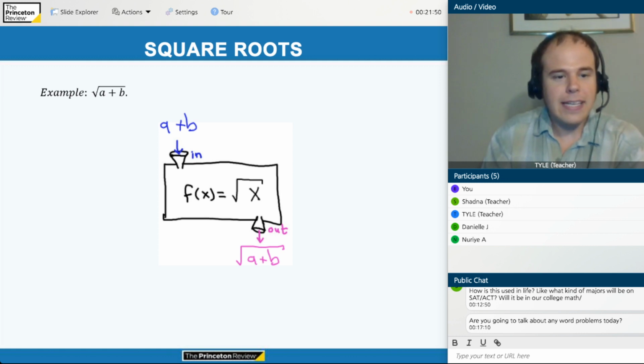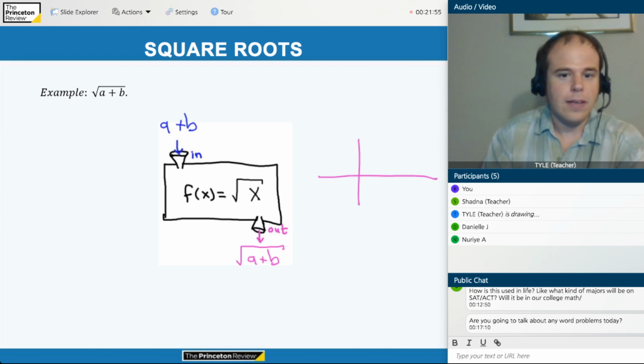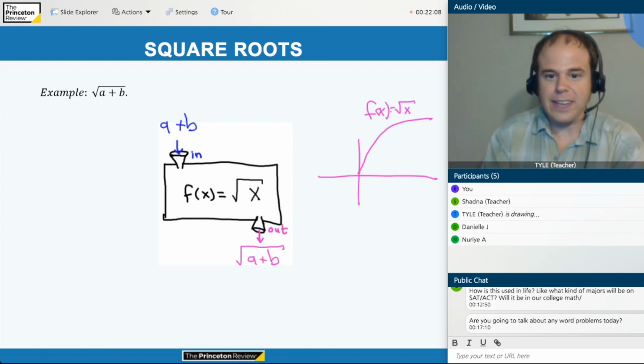And now ask yourself, is this equal to square root a plus square root b? Well, is this square root function linear? And the answer is no. The square root function looks like this. It's not a straight line.